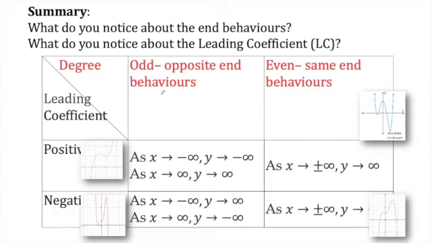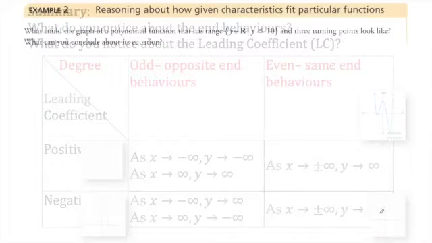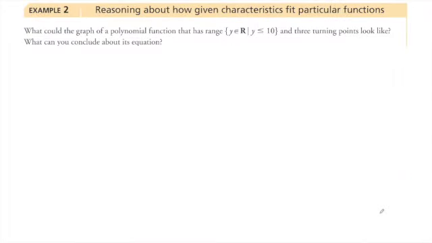Those are examples of your graphs for what they would look like for an odd positive, an odd negative, an even positive, and an even negative. Then we're going to look at a couple more examples, and then I'm going to get you to do some practice.